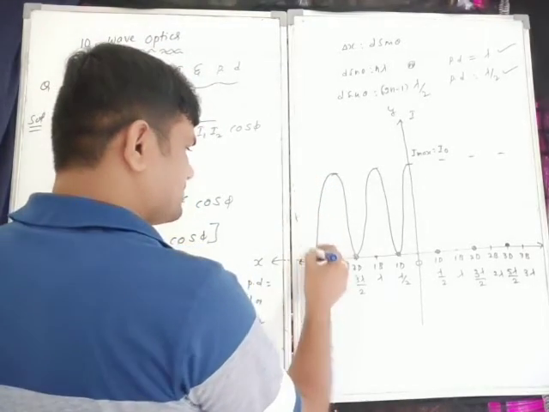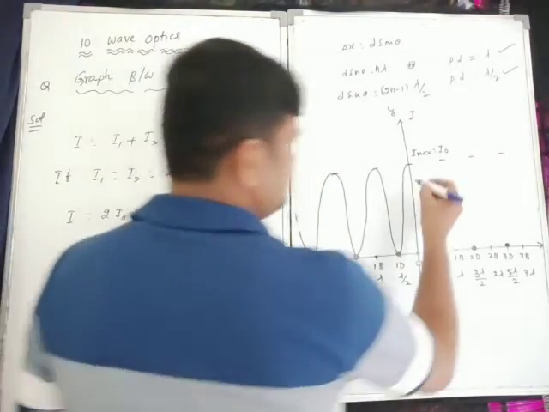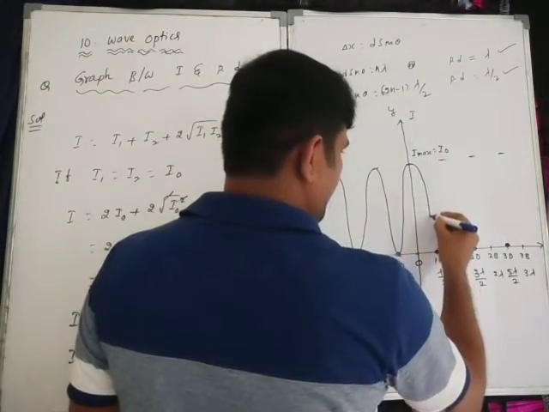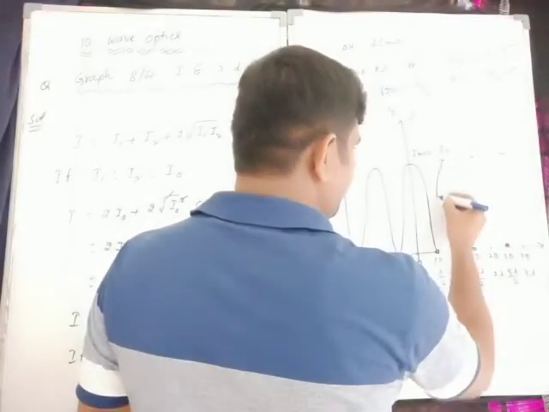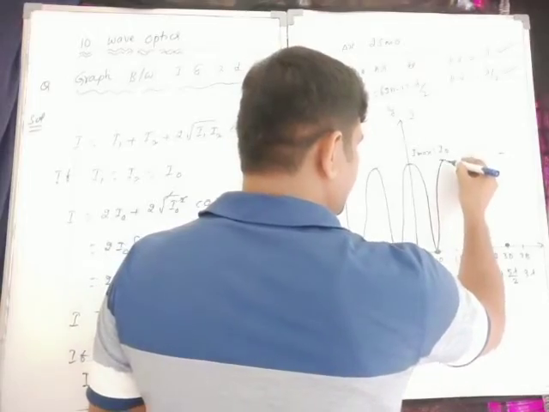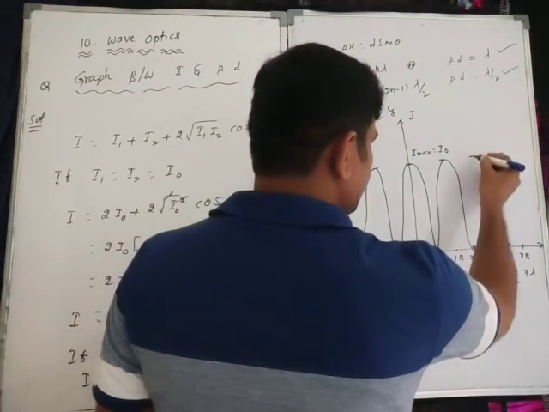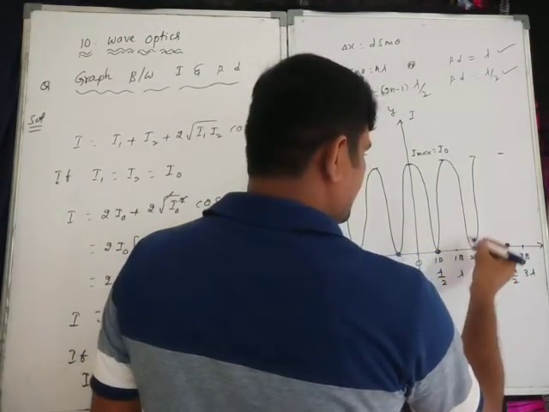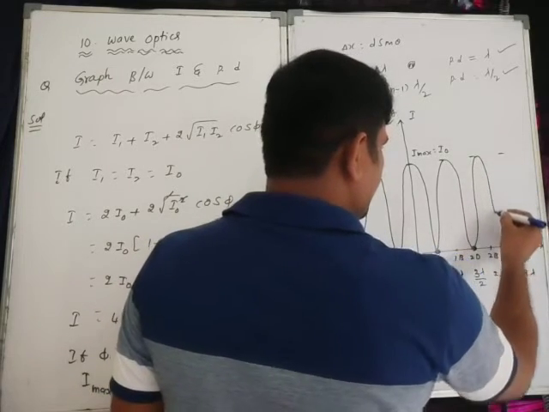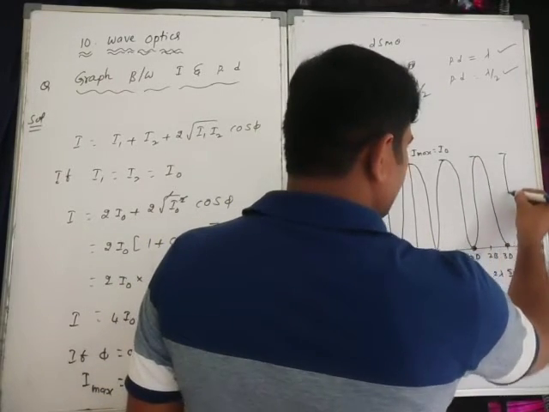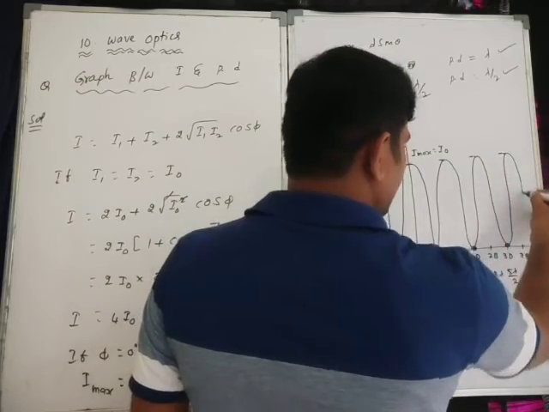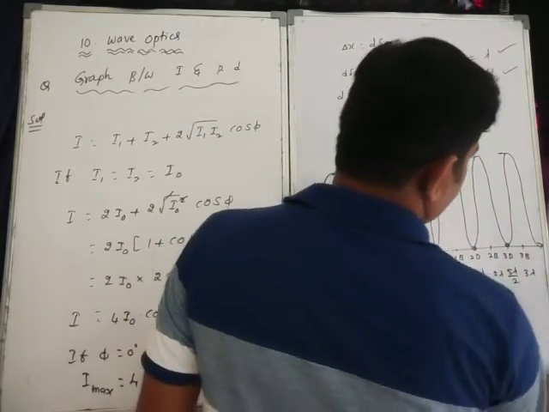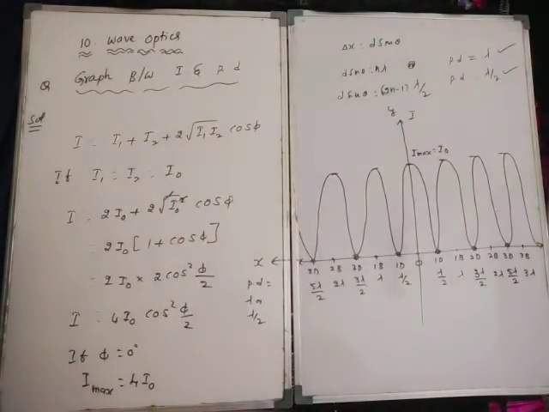So it increases and decreases, again increases, again decreases. That is the intensity graph.